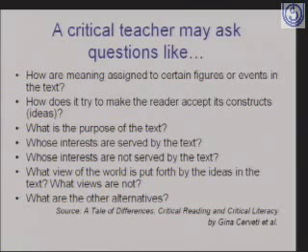Third is, what is the purpose of the text? Is it propaganda? Sometimes you look at some advertisements or propaganda material, you can see that their words are carefully chosen to brainwash, to make an individual think in a certain manner. Then another question is, whose interests are served by the text? The interest of the institution.